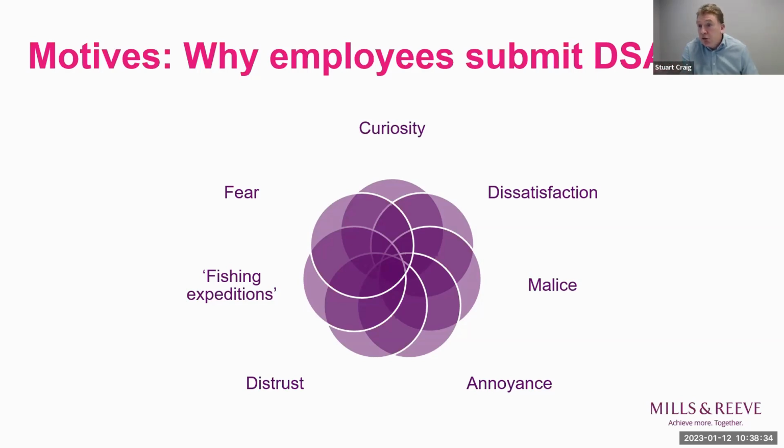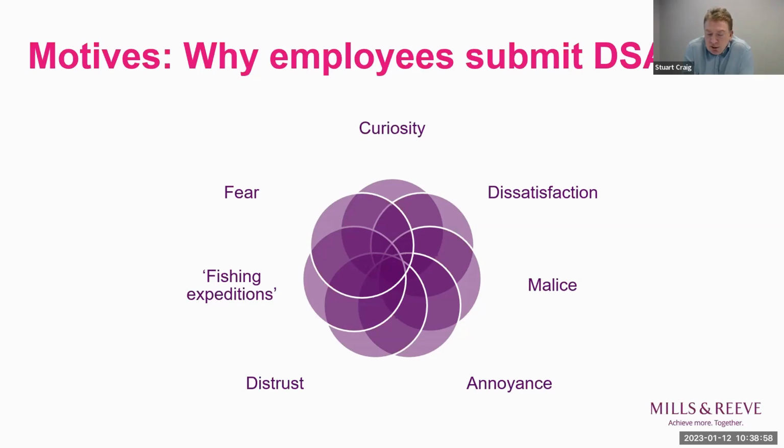For instance, are redundancies on the horizon? Is the person making the request trying to get ahead of the game? That's another reason. And then, is there a situation brewing that's causing the employee dissatisfaction and which HR needs to get a handle on quickly? That can obviously be the backdrop to a subject access request.